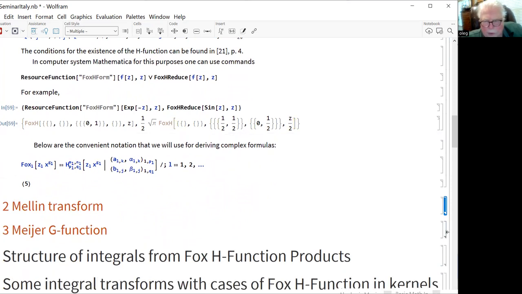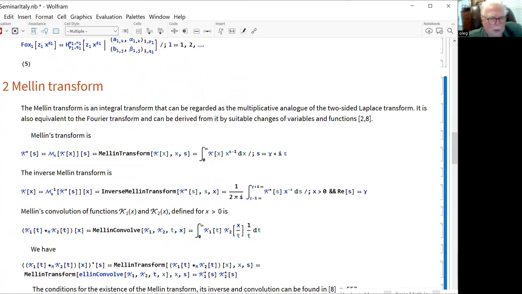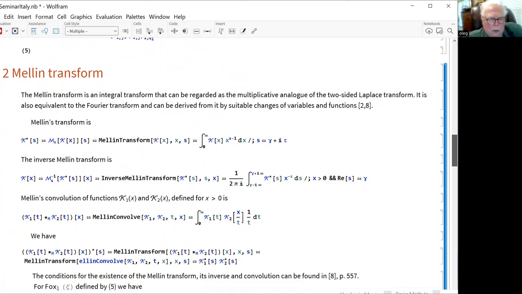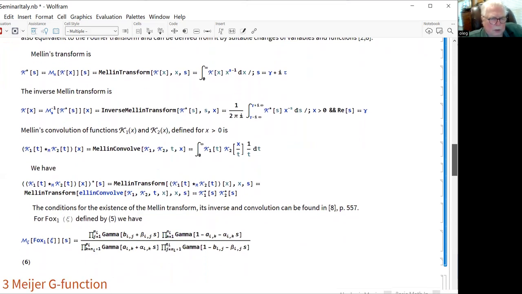I am showing now the beginning of our article about these functions. And here you see the Mellin transform, the definition of the Mellin transform.